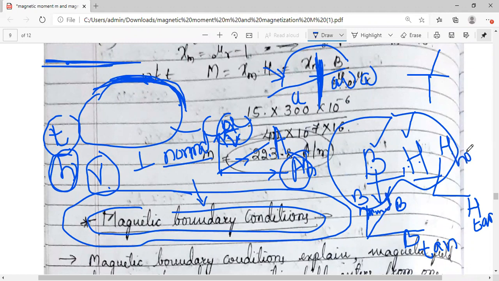Similarly for H also. So whenever B and H cross the boundary of any magnetic material, how these horizontal and vertical components will change, that we will study in this topic. Hope you understood the background.